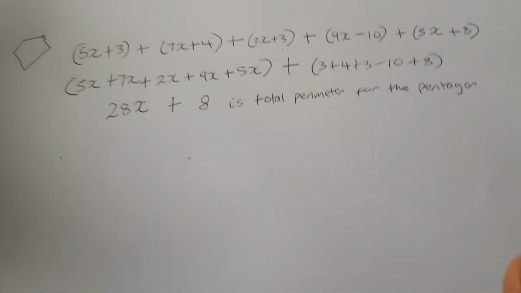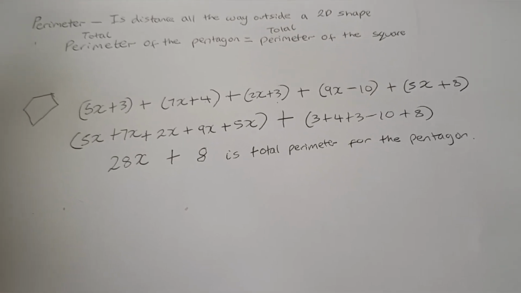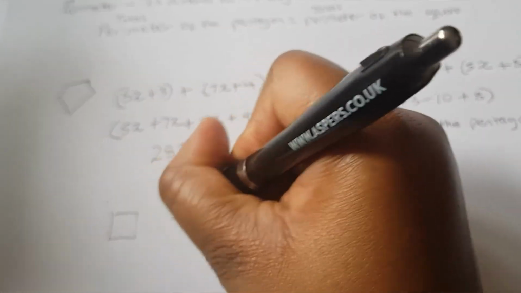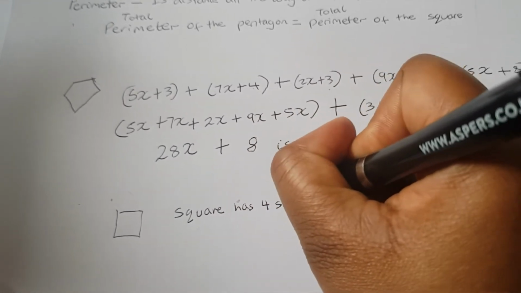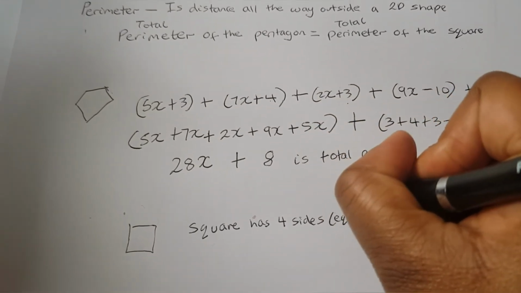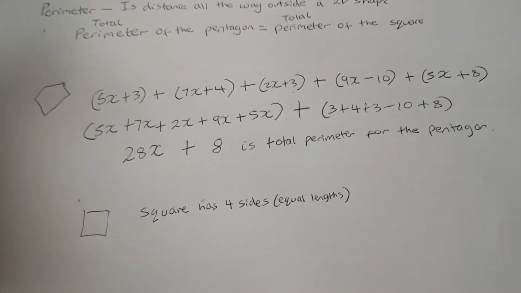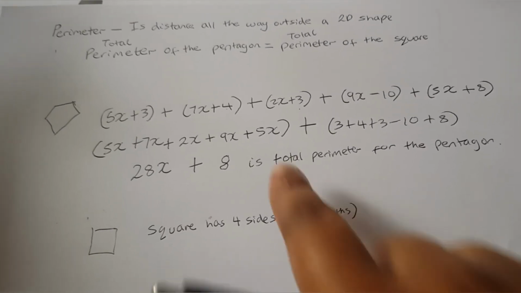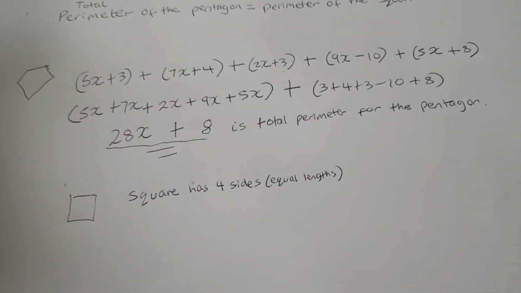Going back to the question, they want us to find the length of one side of the square. We know that a square has 4 sides, and they are equal lengths. Because the total perimeter of the pentagon is the same as the total perimeter of the square, we can use the expression we've got here and divide it by 4 to find one length.